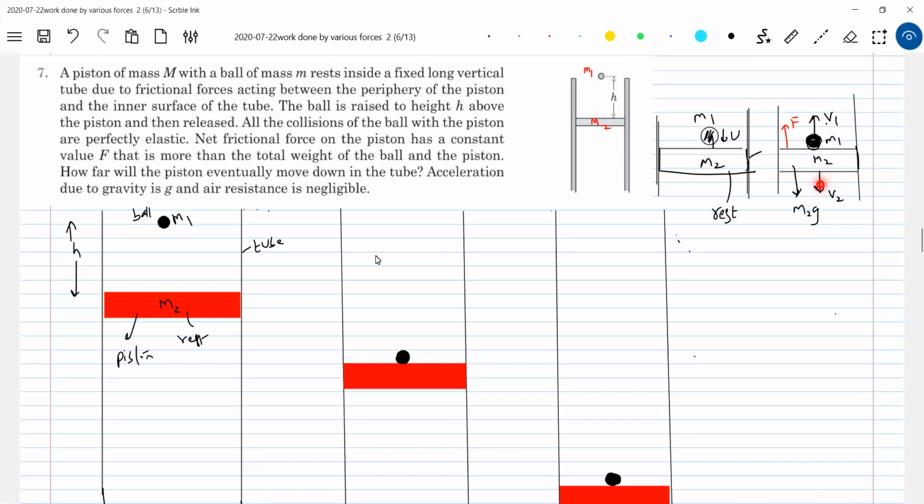Now, because of this velocity, the piston starts moving down. As it moves down, the friction, or say the resistance force by the walls of the tube on the piston, will be upward.